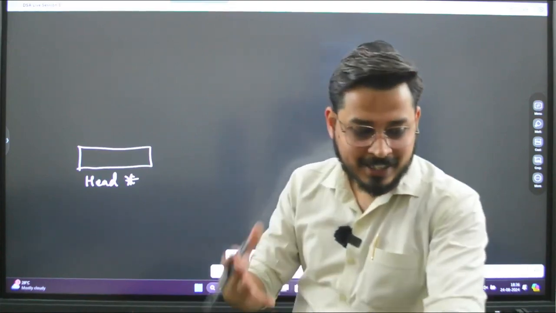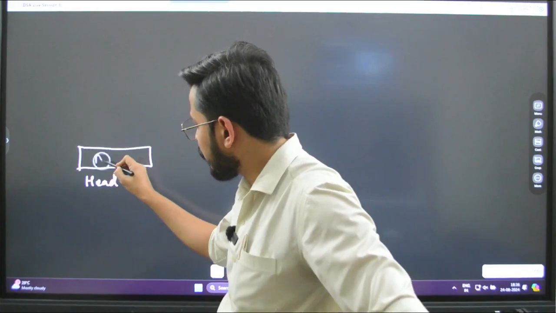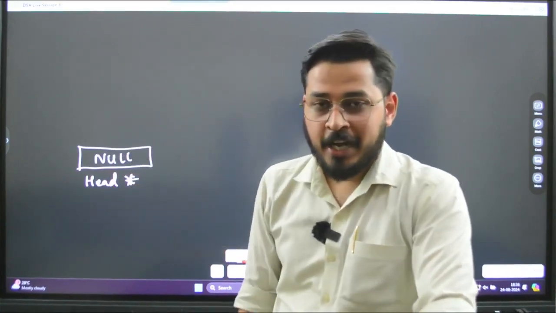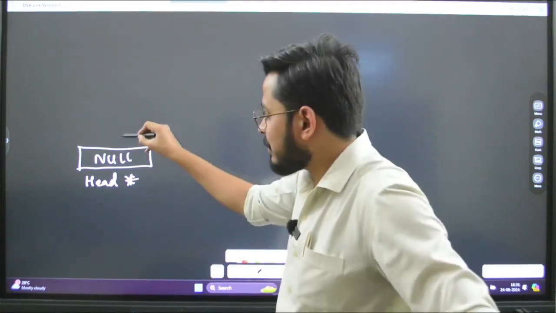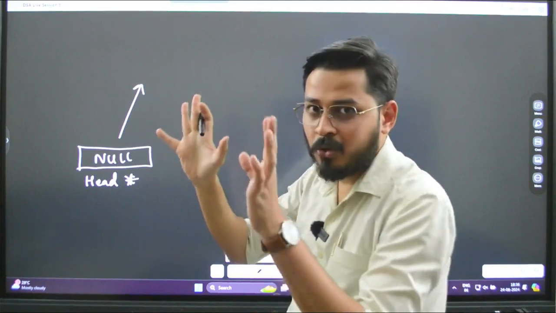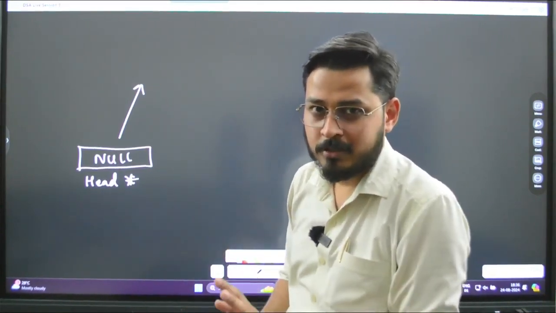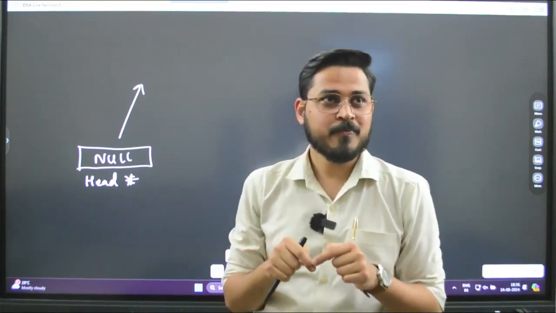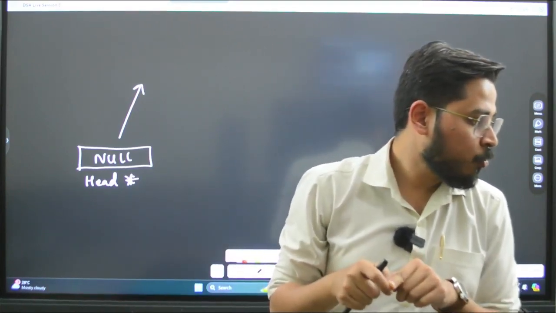Right now there is no linked list present, so this is set to null. The head pointer is pointing towards null. That means there is no linked list present right now. Understood? This is my scenario right now in the program. So what will we do?